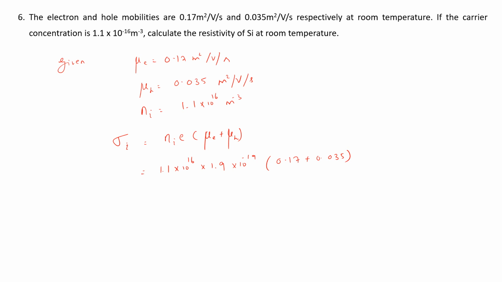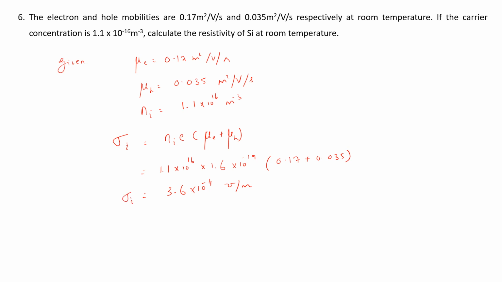So I will get 3.6 into 10 power minus 4 mho per meter. See here for electronic charge 1.9 I have given. So please change it. It is 1.6. When I calculated, I did it correctly, but when I have written, I have made a small mistake. Okay. So this is conductivity.